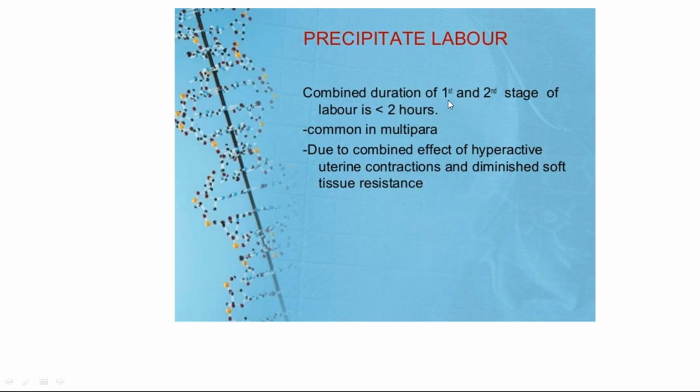Right? The first stage is fast because of the hyperactive uterine contractions. The second stage is also very fast, probably a few minutes, because of the diminished soft tissue resistance, the pelvic floor not offering any resistance and so on. So that is called a precipitate labor, where the duration of labor is less than 2 hours, which is both because of hyperactive uterine action and diminished pelvic resistance.